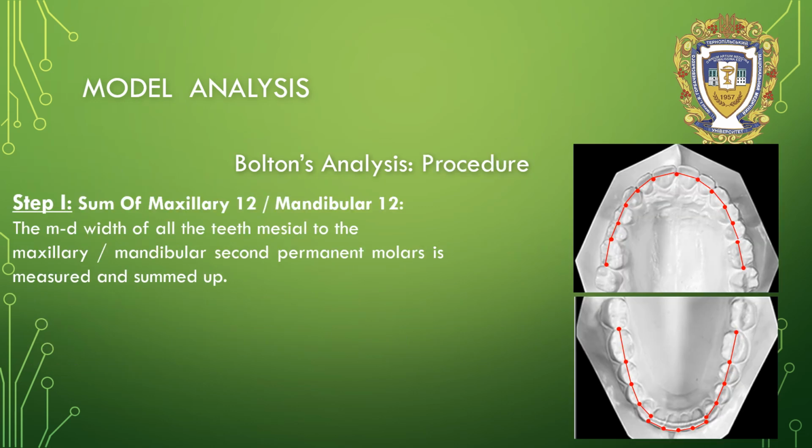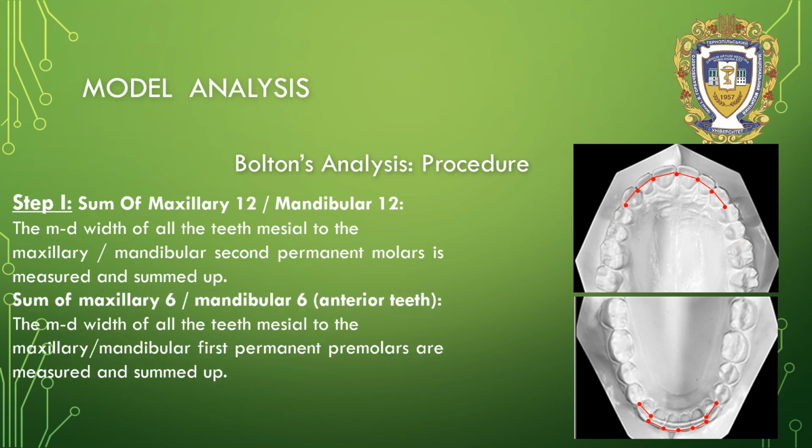Procedure of Bolton's analysis. First step, we need to calculate the sum of the maxillary 12 and mandibular 12 teeth from the distal surface of the first molar on one side to the same area on the opposite side, and measure and sum it up.